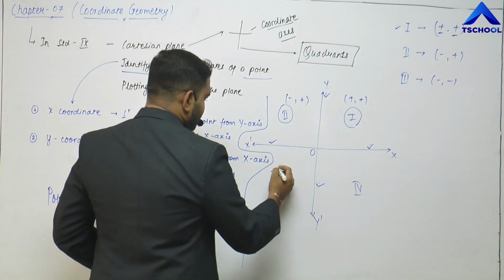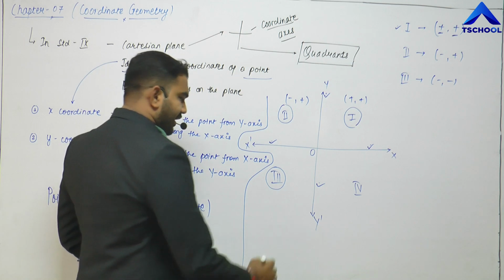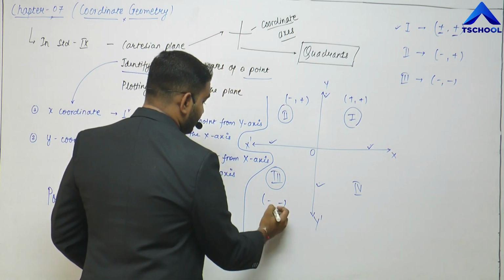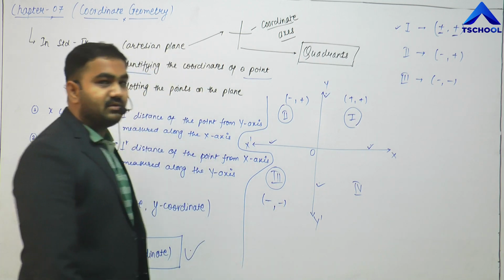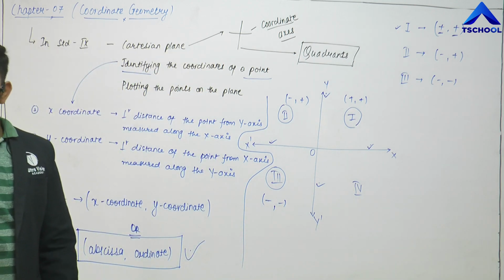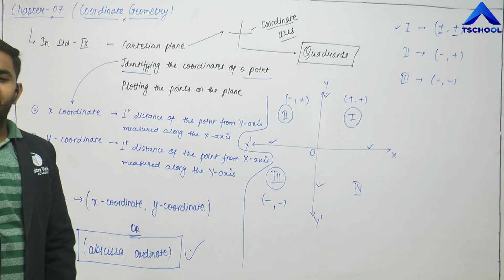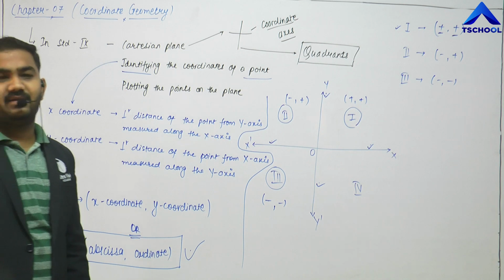So in the third quadrant, any point lying will be of the form minus comma minus. That means both the coordinates of the point lying in the third quadrant will be negative.